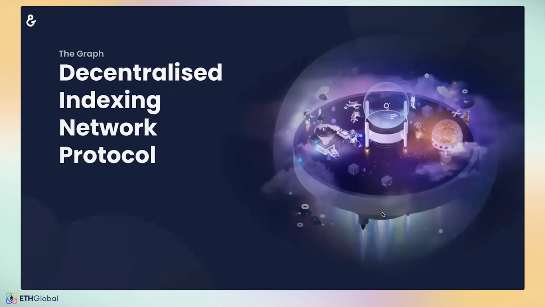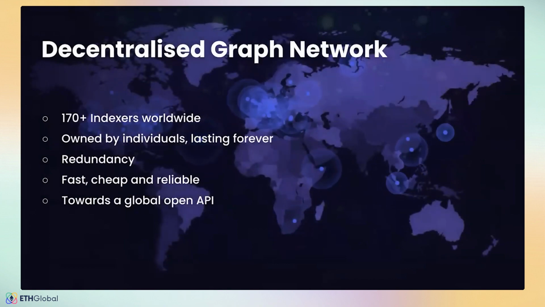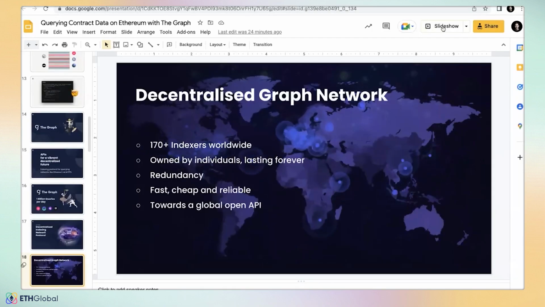And it's not only the hosted service, it's also a decentralized indexing network protocol. So there are more than 180 indexers, I think, currently worldwide, owned by individuals.